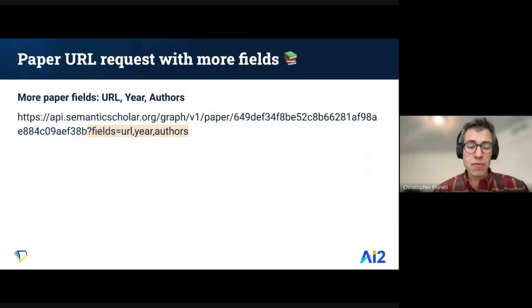That's pretty interesting, but maybe you want to do a little more, so we can add some more fields to it. Everything we have seen so far is the same, but at the end we put a question mark and then the word fields. That lets our systems know you're going to be asking for some fields, and the fields you're asking for will be URL, year, and authors, with each item separated by a comma.